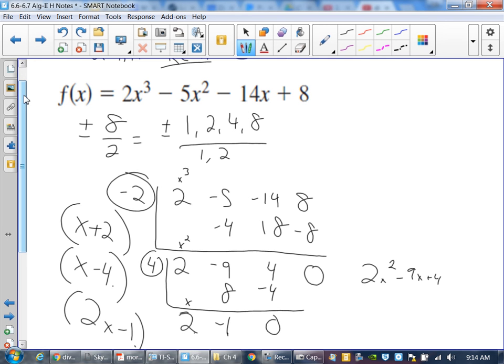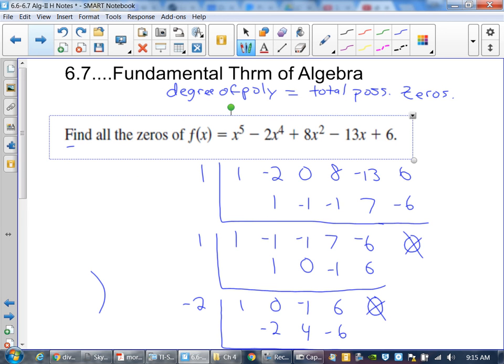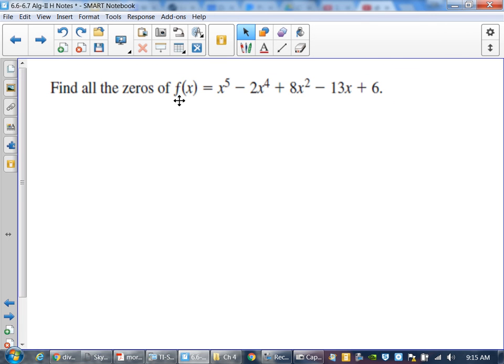I'm trying to think if there's any more of this stuff. What can happen then, when you get down to these possible zeros, is that when I get to something like this, a 5th degree polynomial, this is basically the fundamental theorem of algebra.